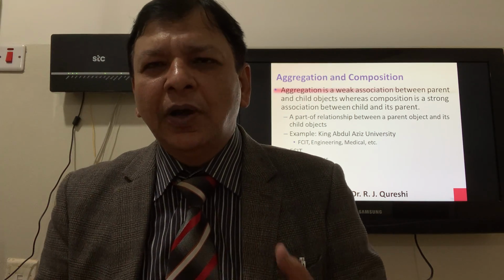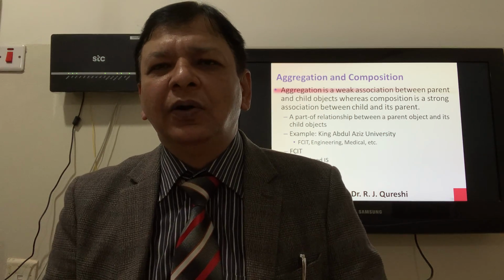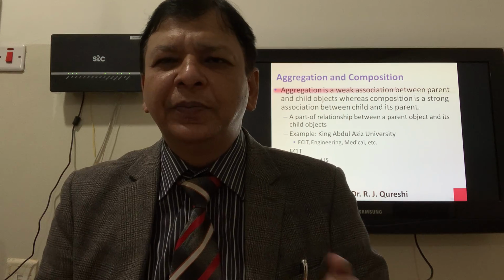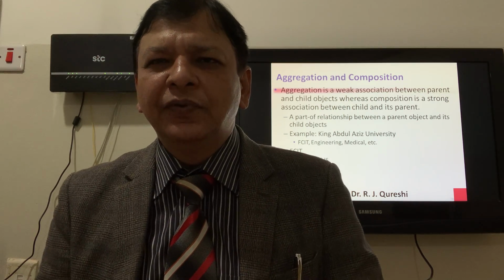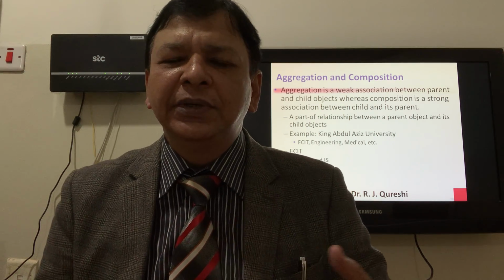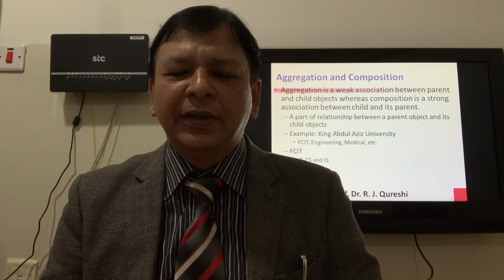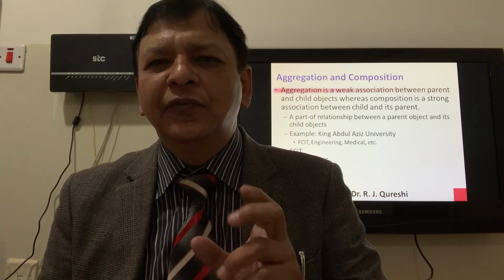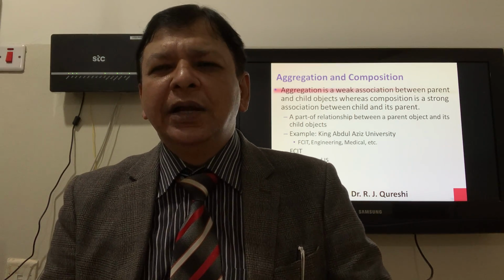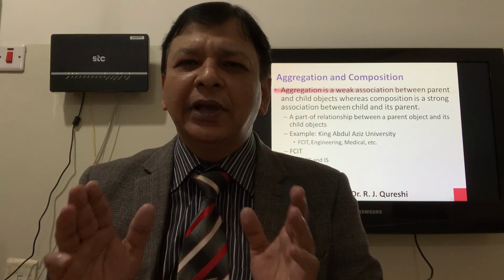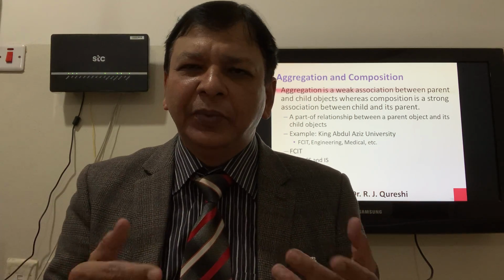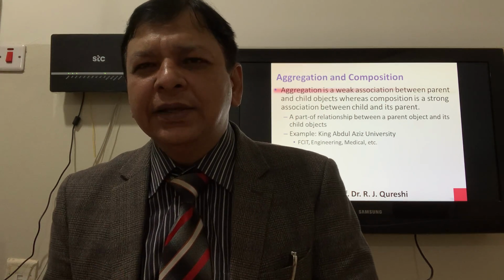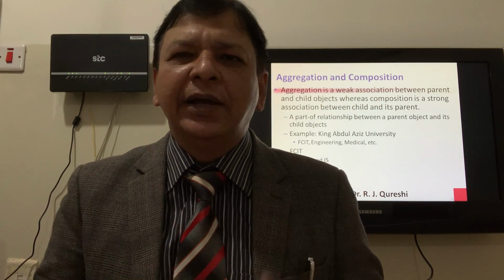If the top management of FCIT or King Abdulaziz University decides to close the IS department, because normally Information Systems is under the Management Sciences department, nothing will happen to FCIT, because FCIT is still there with two departments, IT and CS. Whereas IS lives and dies with the FCIT.